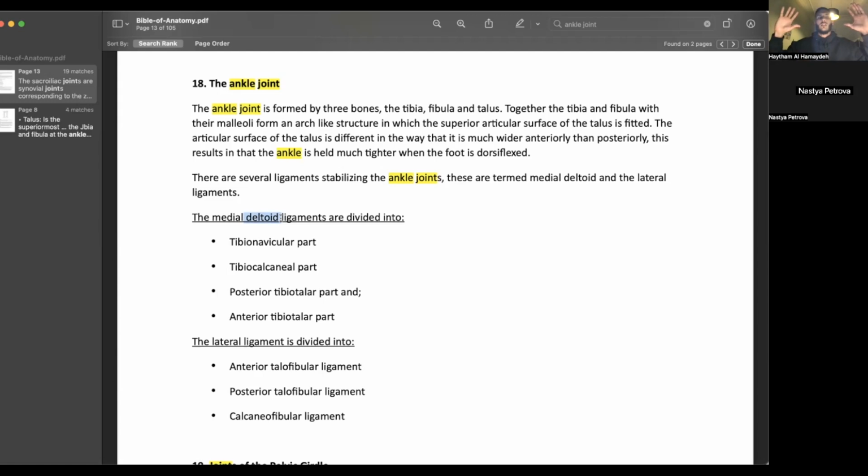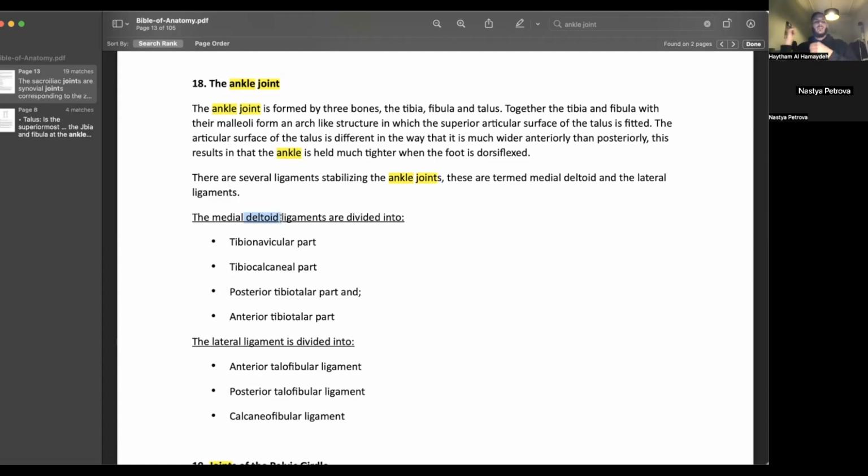The deltoid ligament is separated into four ligaments. What are they? Tibionavicular, tibiocalcaneal, and tibiotalar, posterior and anterior.